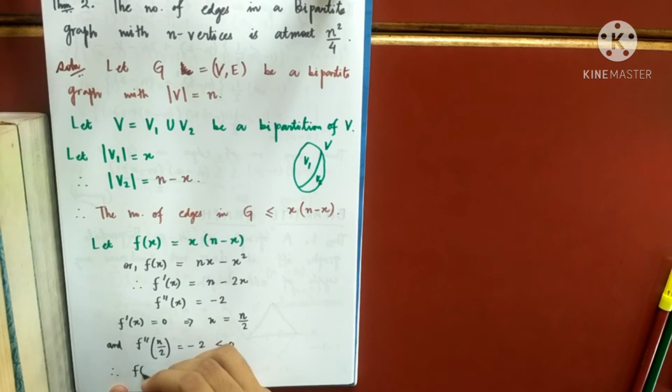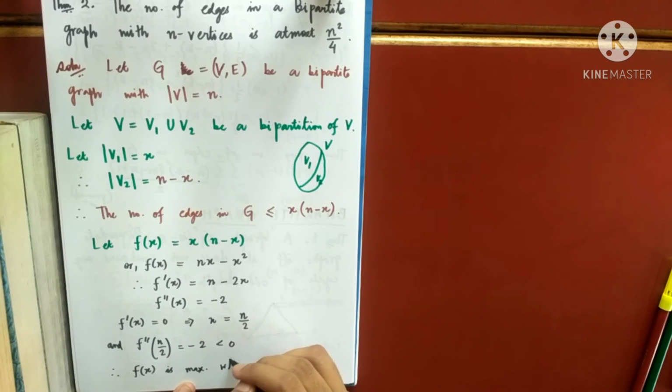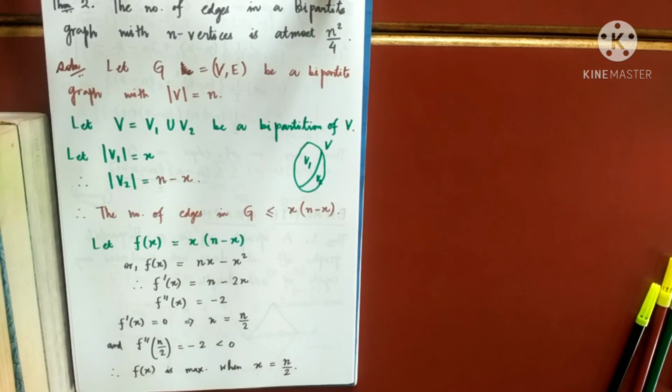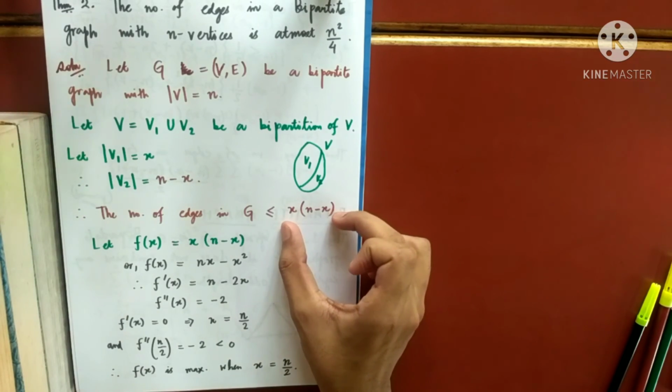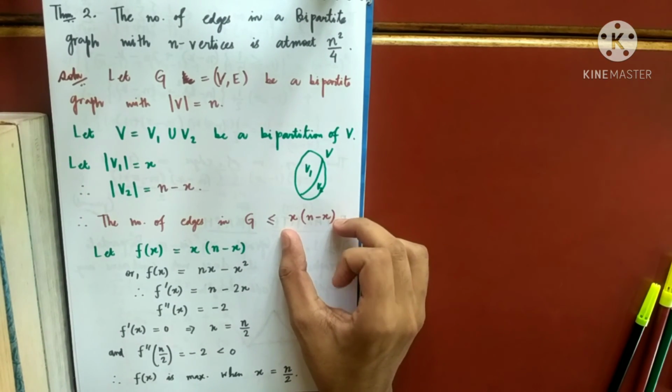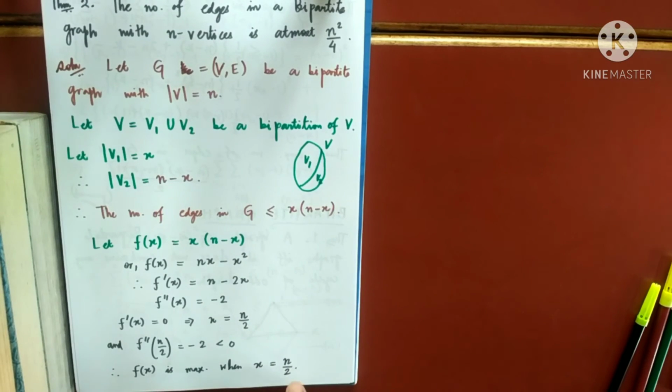Therefore, f(x) is maximum when x equals n by 2, right? So the maximum value is achieved at the point n by 2. So let's find the maximum value.